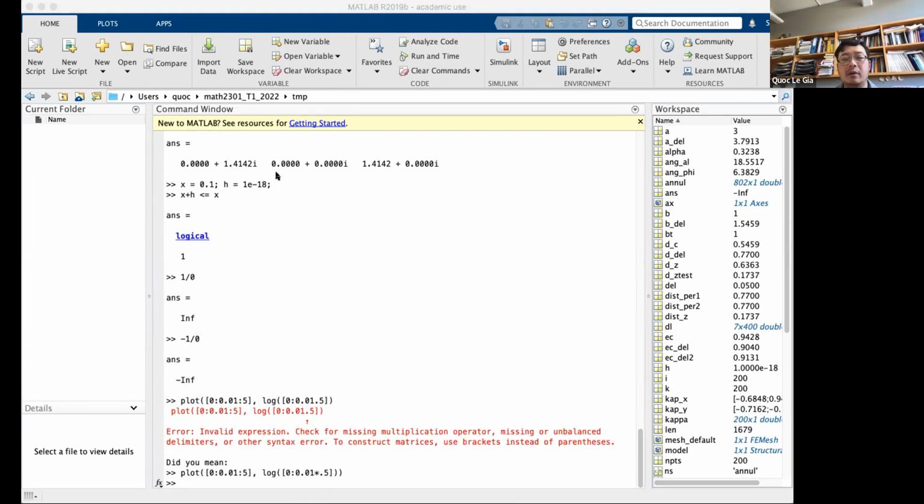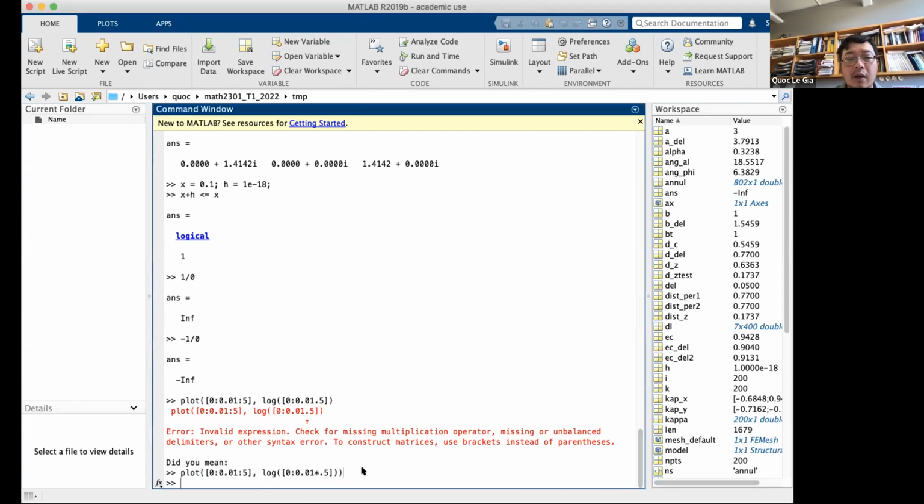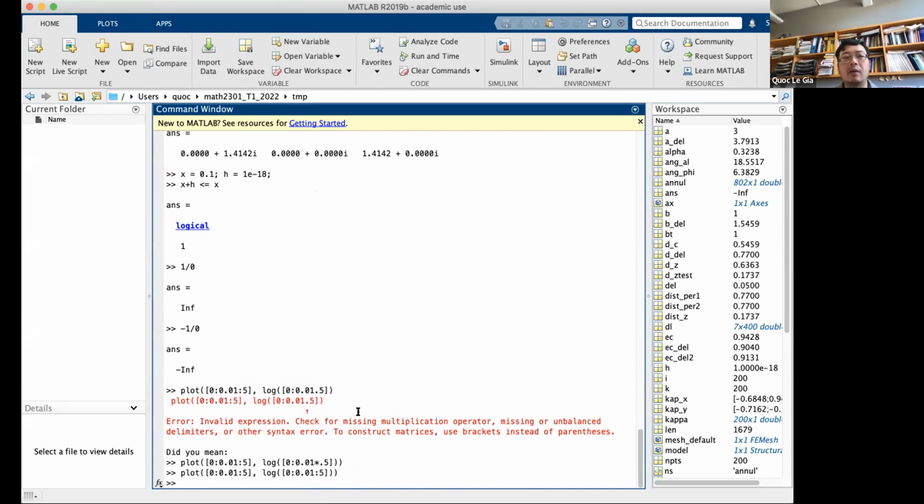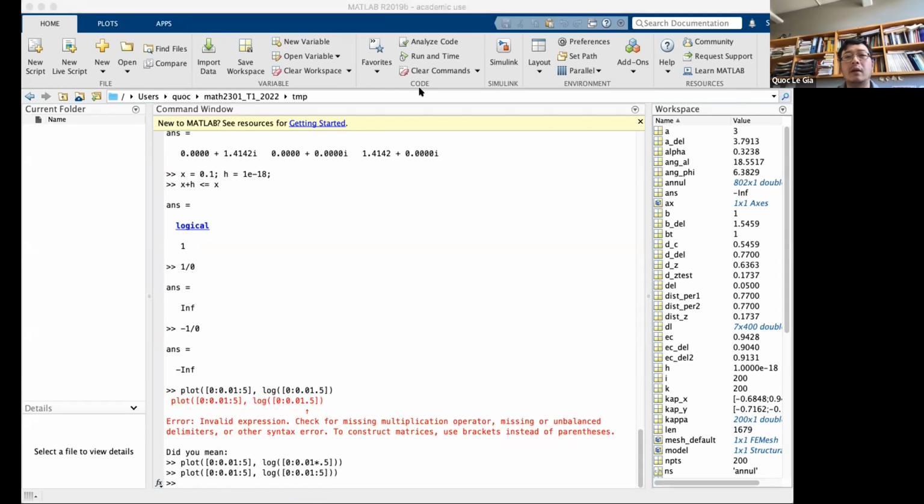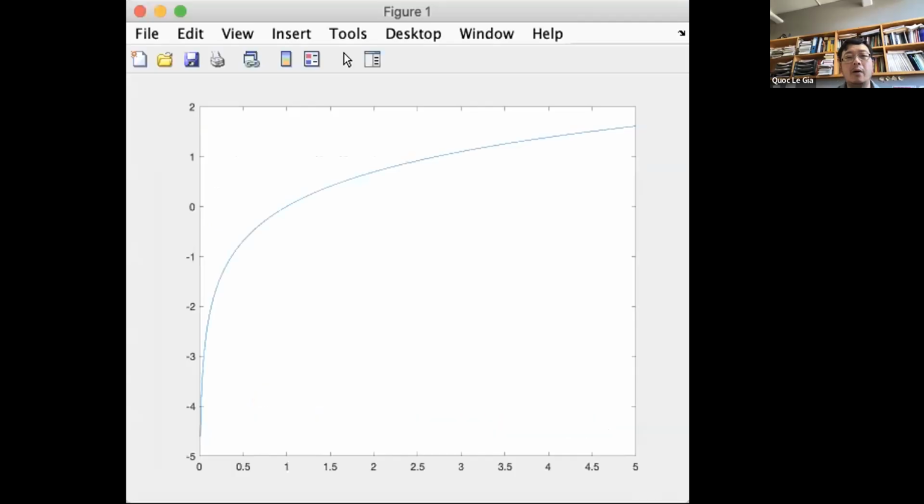No, that is not what I want. So logarithm of, okay. So where is my screen? Now let me show my screen. Yeah, you can see the logarithm looks like this.